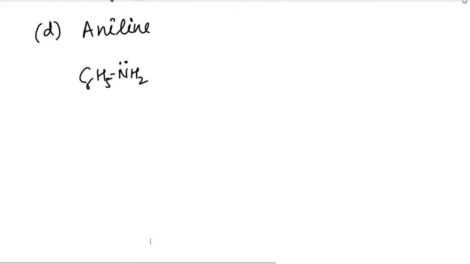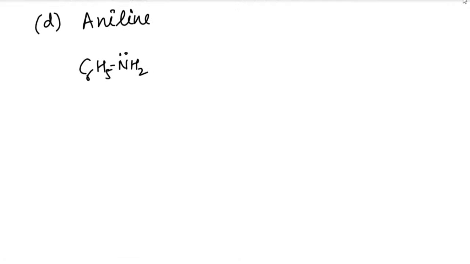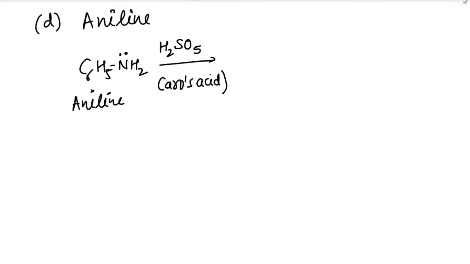So now let us take the case of aniline. Aniline gives different products depending upon the oxidizing agent used. If we have KMnO4, sorry, KMnO4 is not used here. Let us take H2SO5, that is called Caro's acid.